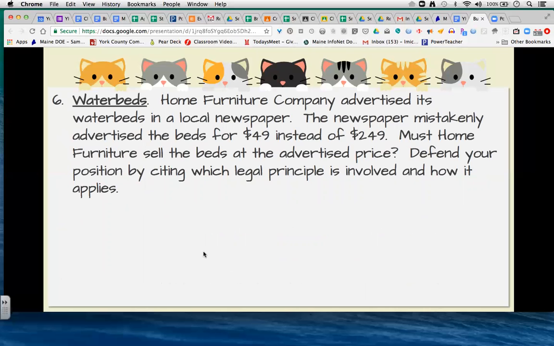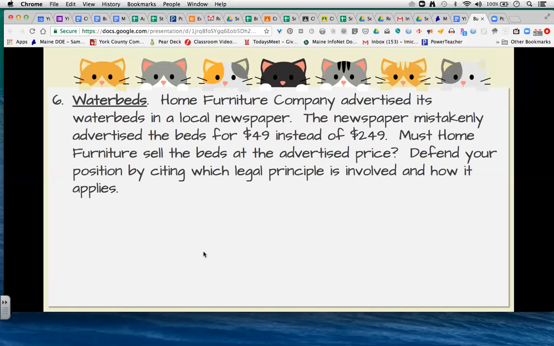Number 6, waterbeds. Home furniture company advertised its waterbeds in a local newspaper. The newspaper mistakenly advertised the beds for $49 instead of $249. Must home furniture sell the beds at the advertised price? Defend your position by citing which legal principle is involved and how it applies.